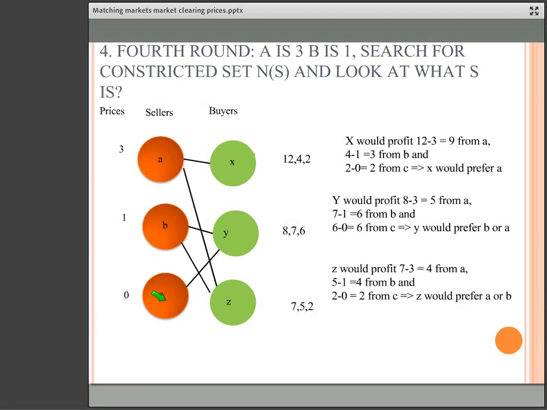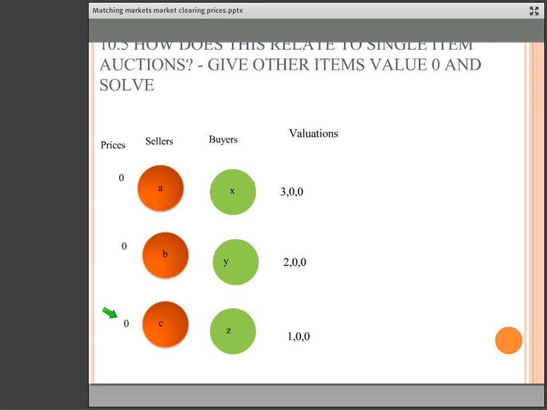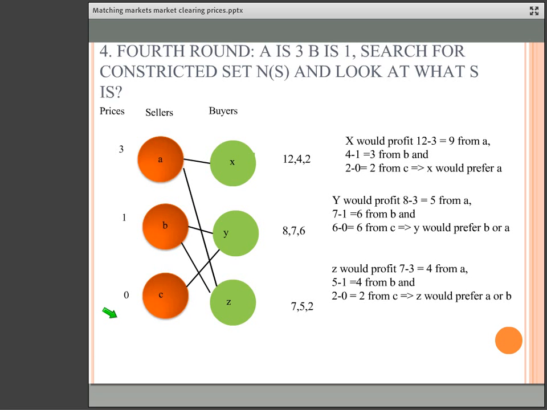So by putting the prices at 3, 1, and 0, you could distribute these 3 objects to 3 different buyers so that everybody would get his optimal choice. So there is a market clearing price for this.